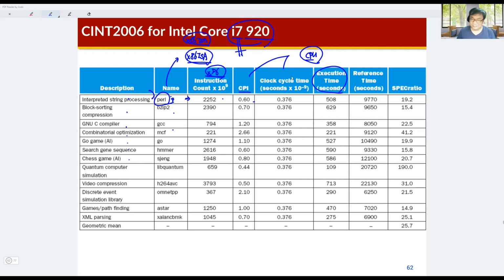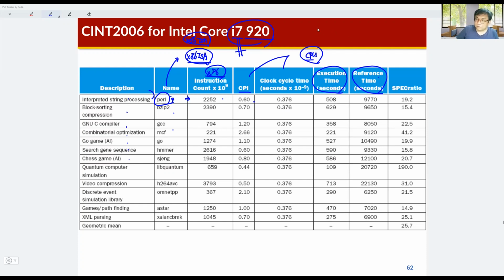We can just run this compiled application on the Intel Core i7 and compare with the reference time, the reference execution time of the reference machine, that means the baseline machine.